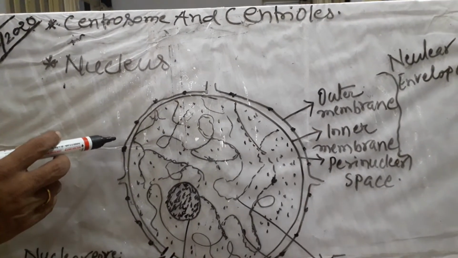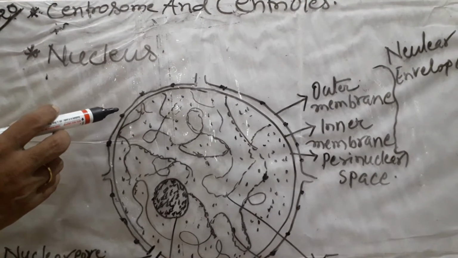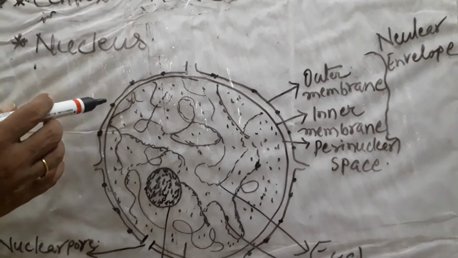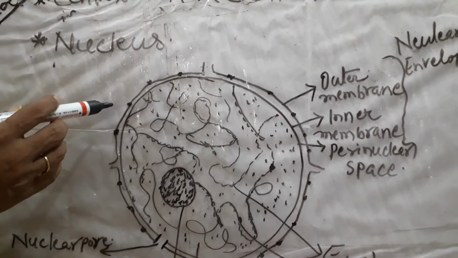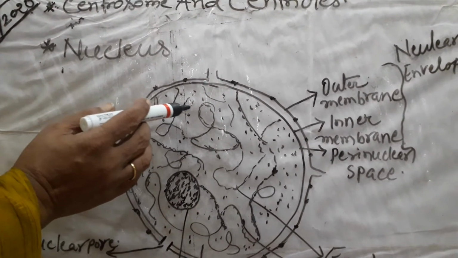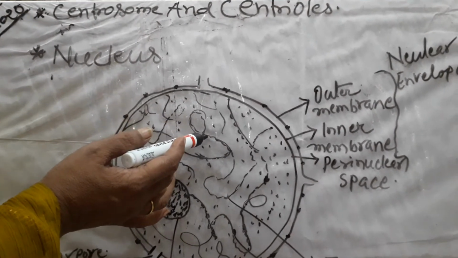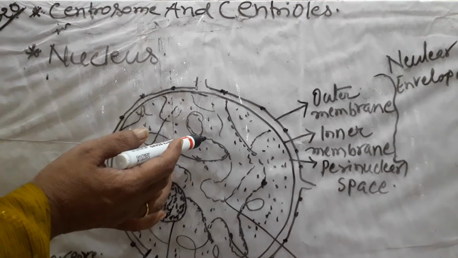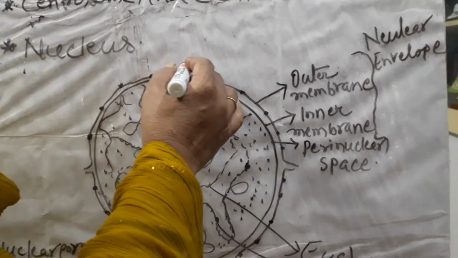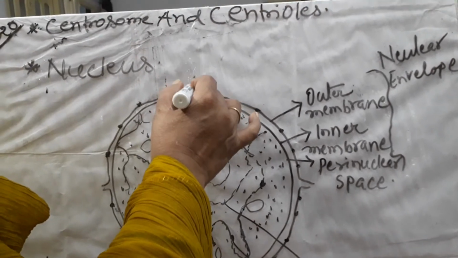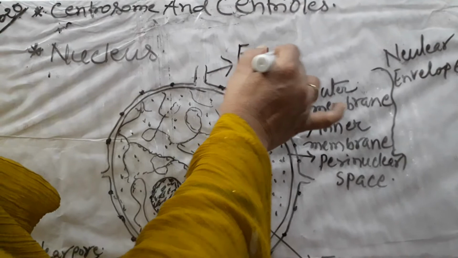which consists of two parallel membranes with a space of 10 to 15 nm, called the perinuclear space. It forms a barrier between the materials present inside the nucleus and that of the cytoplasm.